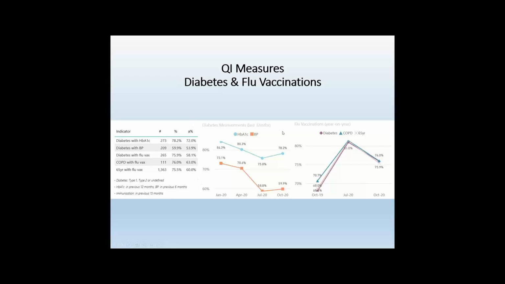We've split these values up into two different graphs on the right. We've got one showing the diabetes measures, the HbA1c and blood pressure, and then a separate graph showing how the flu vaccinations are tracking over time.